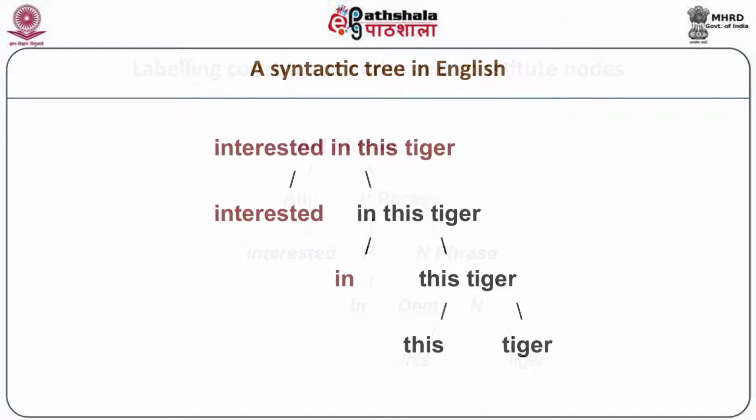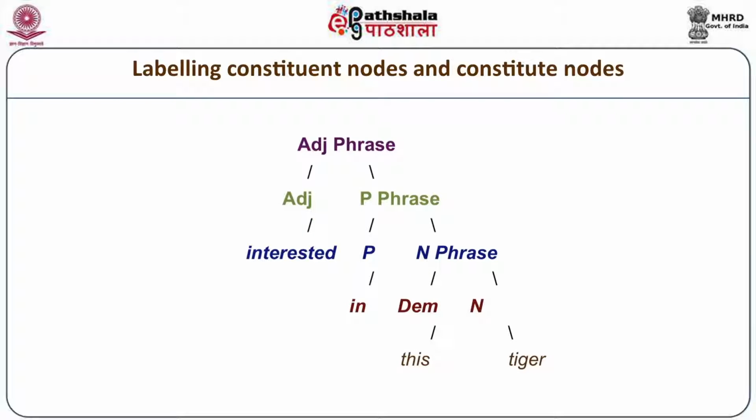How do we do this? The phrase is named after the head. "This" demonstrative, "tiger" noun: noun is head, demonstrative is dependent, so it's a noun phrase, because it's the noun that is the head, not the demonstrative.